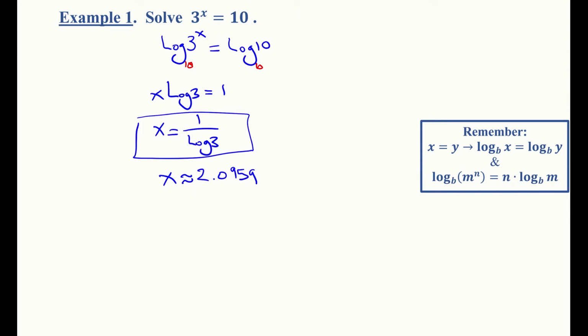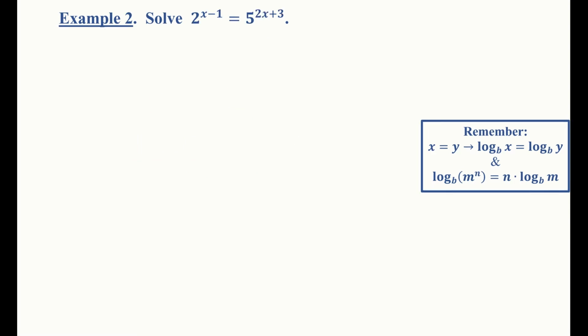So that's how we solve basic exponential equations that cannot be solved by making both sides powers of the same base. By applying logarithm to both sides and using this rule to release the exponent from its position as an exponent and making it a factor so that we can then work with it.